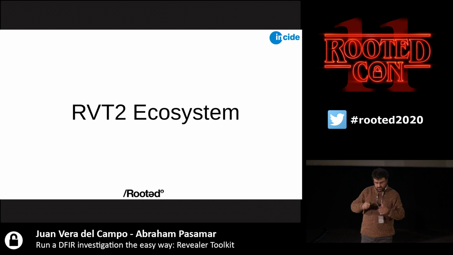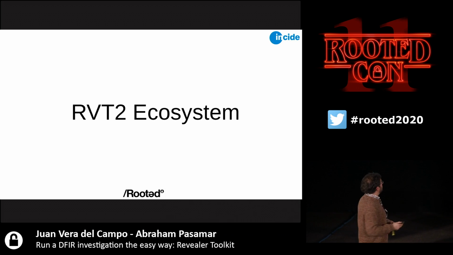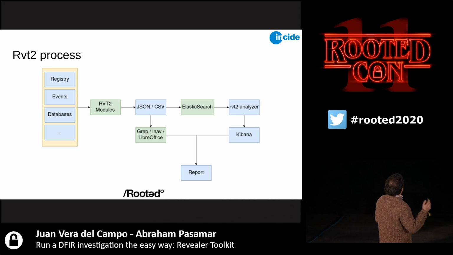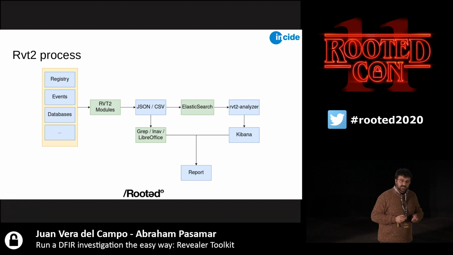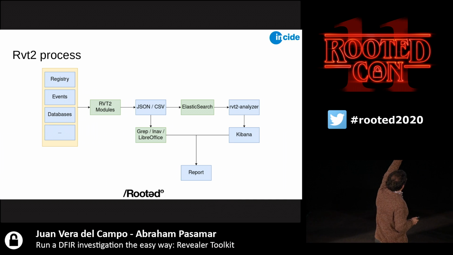The RVT is not only a module, it's not only a program, but there's some kind of ecosystem behind it. As we can do pipes, and as we can send its output to different systems, we have different systems that receive this output. This would be the process with some of the systems that we have defined. The artifacts are parsed, the event registry, the Windows artifacts.